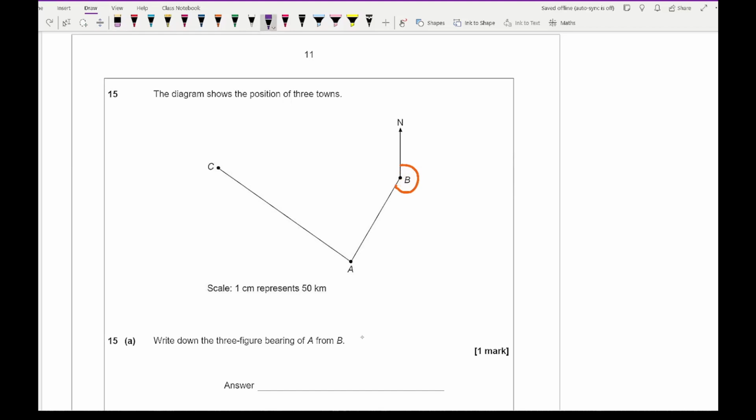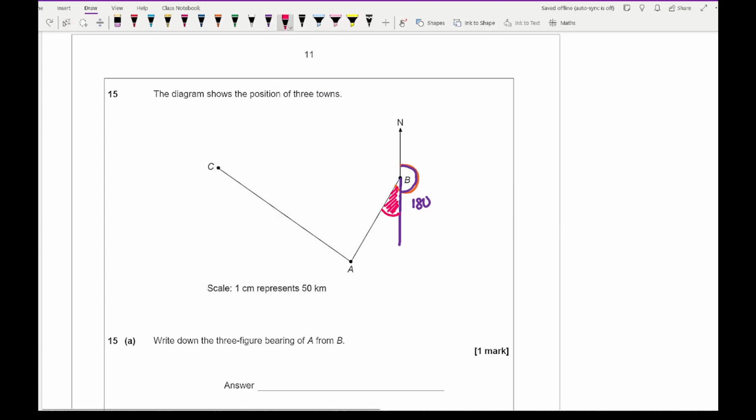Now, if you've got a protractor, you can only measure 180 degrees on it. So this part of the angle is 180. So the next thing I then need to do is to measure what this angle here is going to be. And if I use my protractor, this angle here is going to be roughly around about 30 degrees.